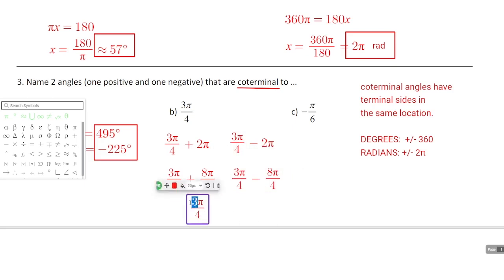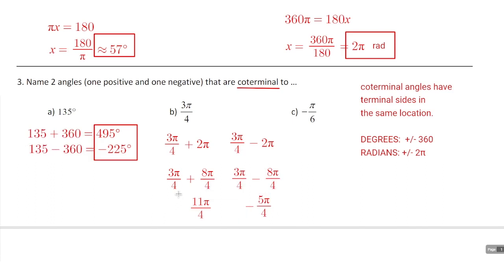That would be a positive coterminal angle. And then 3 minus 8 would be negative 5. That's going to give us a negative coterminal angle. So this would be one positive and one negative.